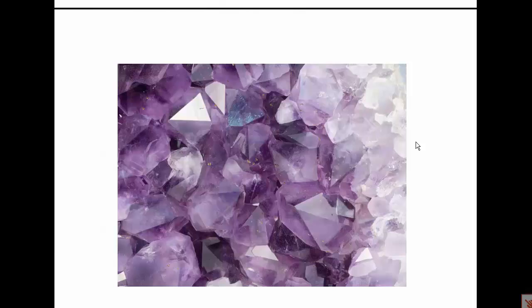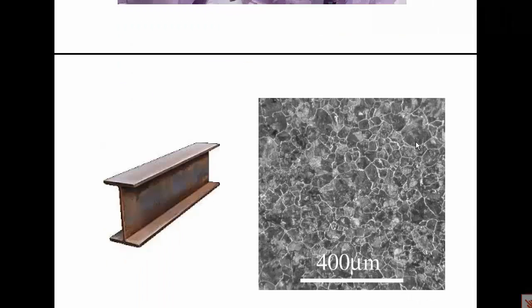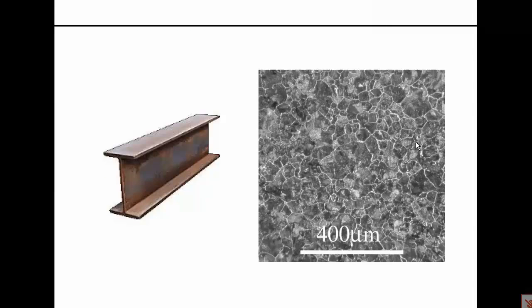However, not all crystals look like that. Let's consider a humble piece of steel. If we were to polish a cut section of the steel and look at it under an optical microscope, we would see that it is made of tiny grains. Each of those grains is a crystal.